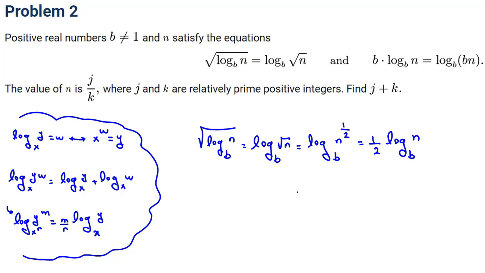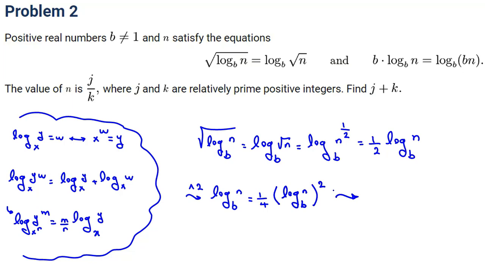Now if we simplify this part, if you raise to the power of 2, log_b of n equals this part, we get rid of the square root. This part will be 1 over 4 of log_b of n squared.